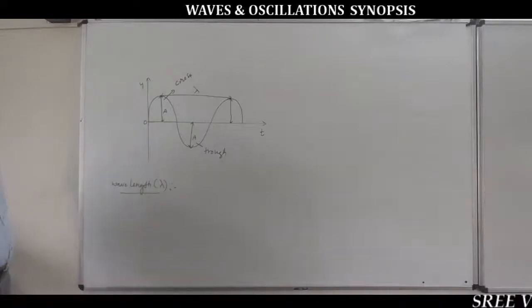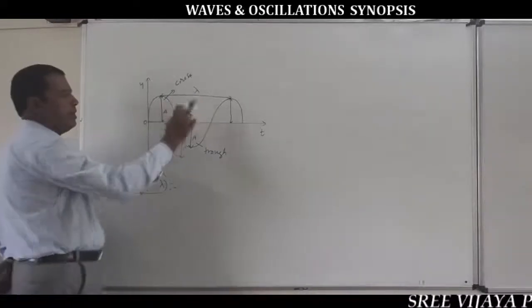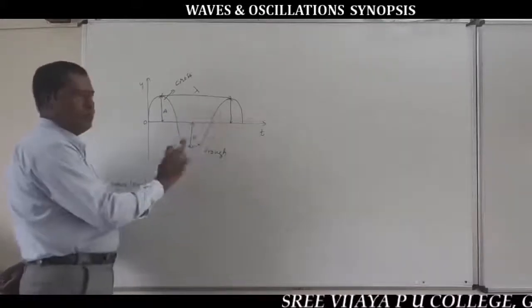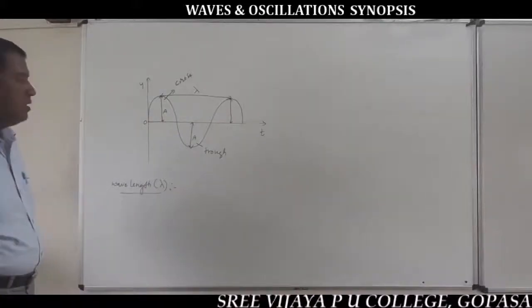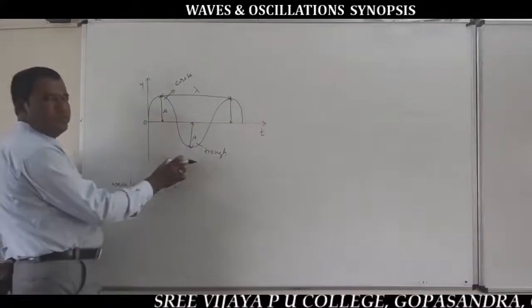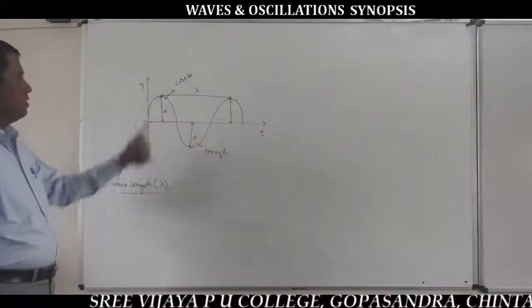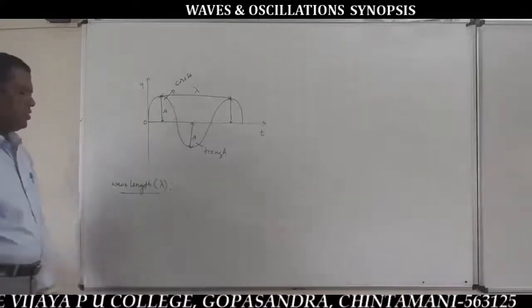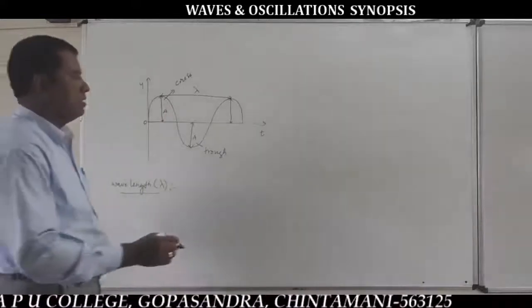It is defined as the distance between two consecutive crests or two consecutive troughs in a transverse wave. The distance between two consecutive crests or troughs in a transverse wave is called wavelength.